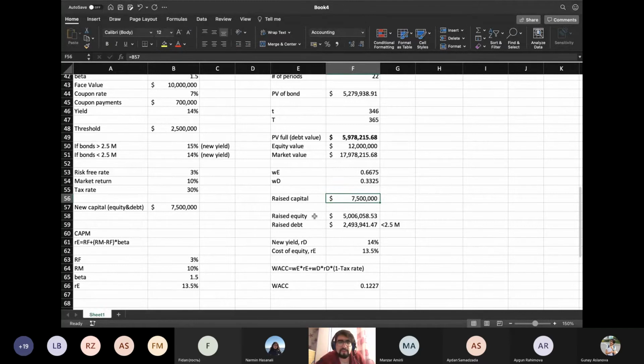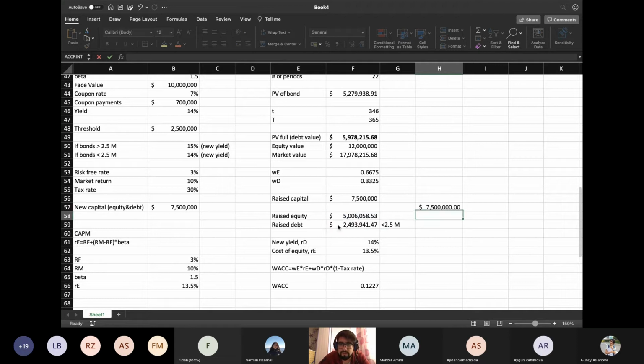Therefore, we need to find raised equity and raised debt. We allocate them by multiplying raised capital by the corresponding weights. For example, raised equity is raised capital multiplied by its weight. Raised debt is raised capital multiplied by its weight. The sum of these, raised equity plus raised debt, will give 7.5 million again. Or you find raised equity and subtract it from raised capital to get the debt.